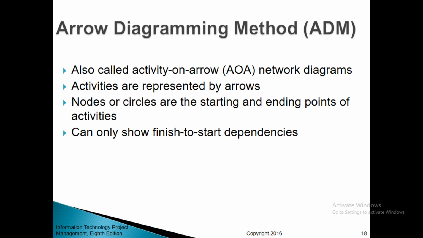Nodes and circles are the starting and ending points of activities and can only show finish-to-start dependencies. In figure 6-2, network diagram for Project X, the circles are the nodes, and they represent the starting and ending points of activities. The arrows are the activities to be done.